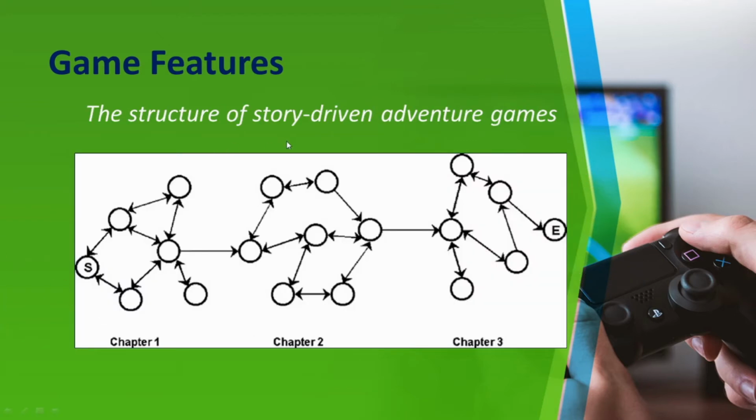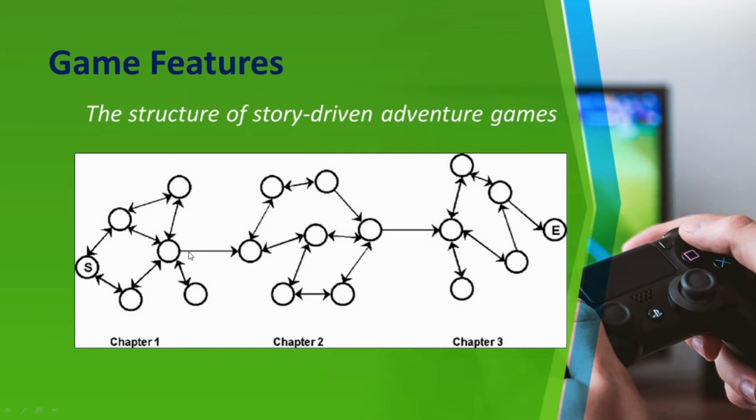Okay, so the structure of a story-driven adventure. So as you can see, this type of gameplay, the map or the rooms will be divided into chapters. The player in chapter 1 can only explore these rooms. Okay, if he wants to explore the rooms for chapter 2, he needs to finish the whole chapter 1.